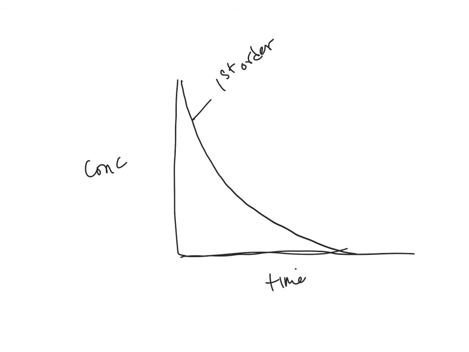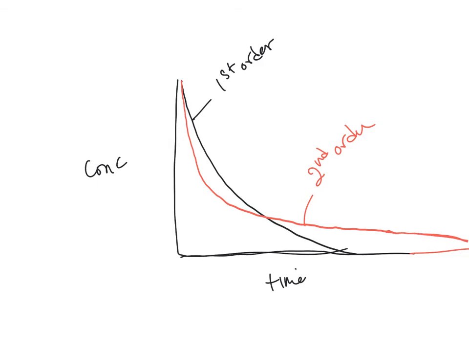And then what we'd find is that second order decreases more steeply, and then because those half-lives get longer, it tends to drag out for quite a bit longer until it finally comes down to the baseline. And so the second order graph looks like that.